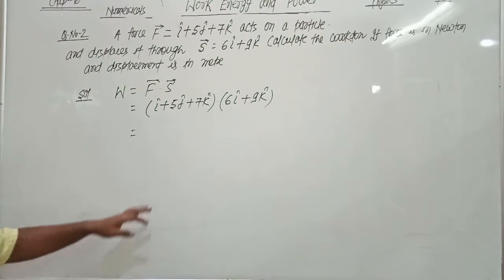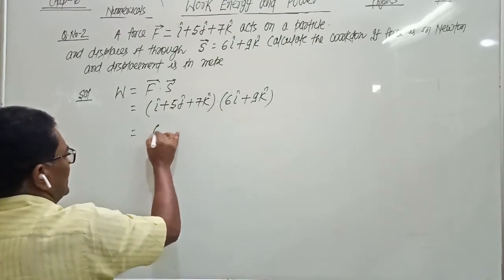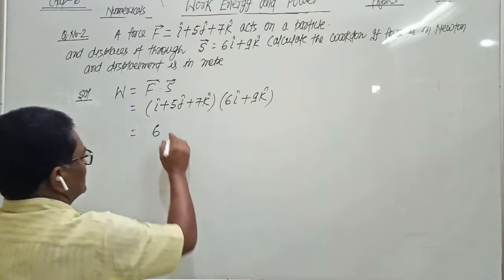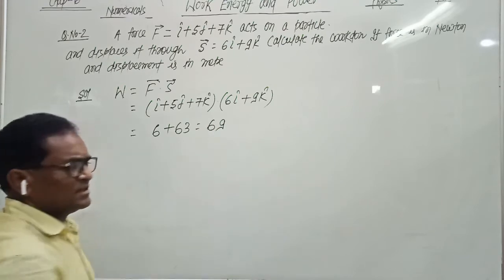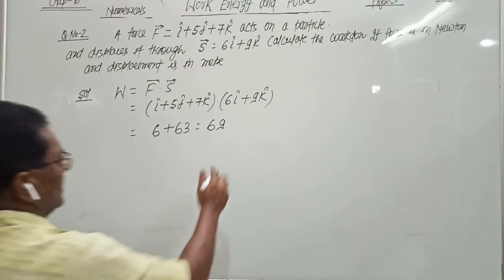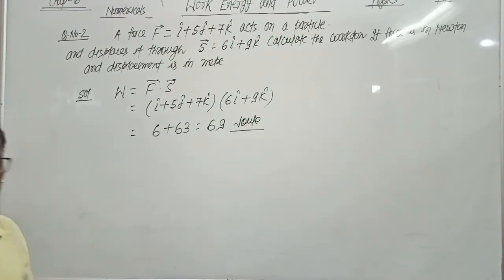By the dot product, i dot i is 1, so 1 into 6 gives 6, and k dot k is 1, so 7 into 9 gives 63. So 63 plus 6 is 69 joule of work done. So the result is 69 joule. In this question we are given force and displacement, and we directly use the formula F dot S.